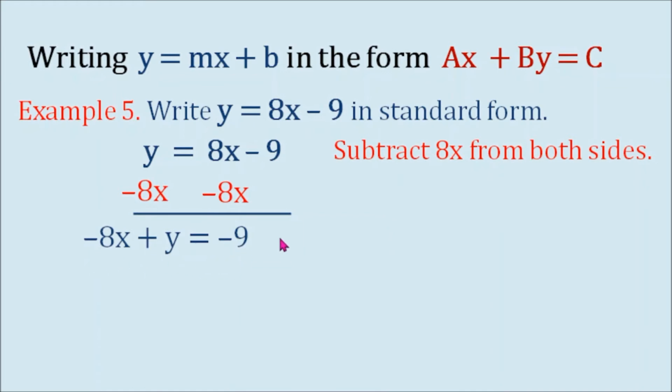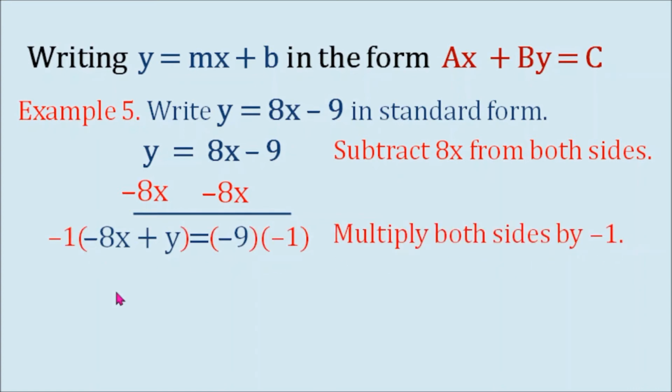This is not in standard form yet because our a here is -8. A should be positive. To make -8 positive, we can either divide both sides by -1 or multiply both sides by -1. Multiplying both sides by -1 just changes the signs of all our terms. So our answer here is 8x - y = 9.